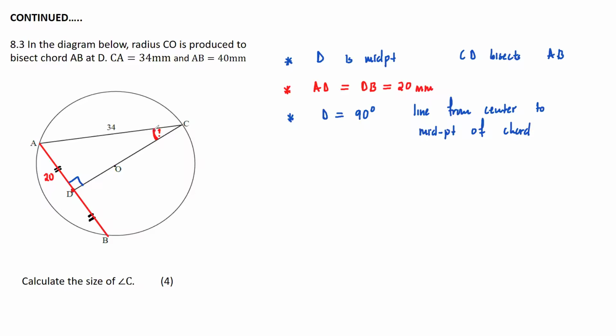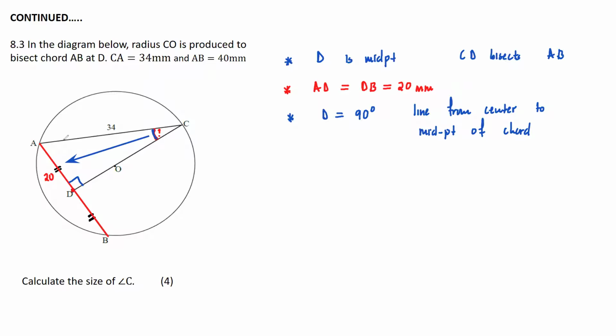I'm looking for C. What can I do? Let me see what I have. You can use trigonometry here, actually. You can be very clever and use trig ratios. Look at it. The side AD is the opposite side.